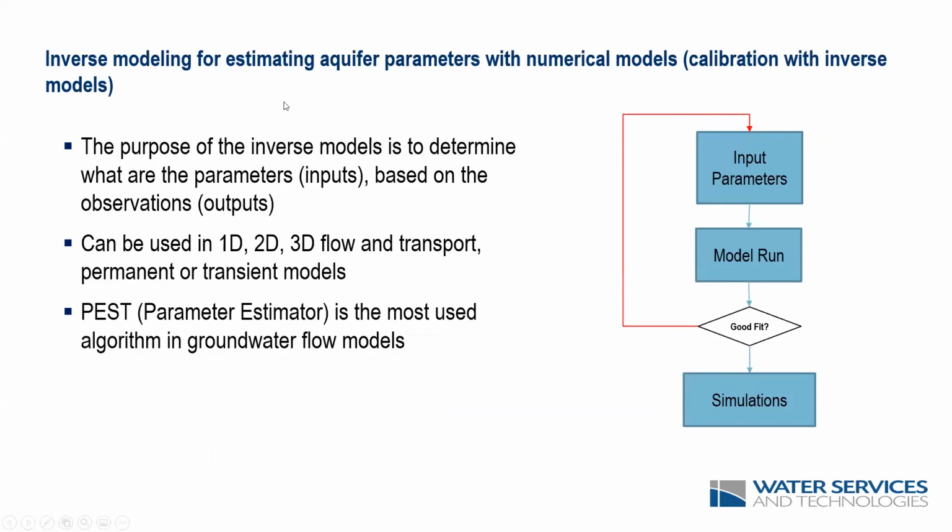And we did this by using an inverse modeling technique based on PEST. So in this case, we took the drawdown that had been generated in each aquifer from piezometers that were installed separately in each layer. And therefore, we could use the observed drawdown in the field to back calculate the aquifer parameters that would result in the best match between simulated drawdowns and observed drawdowns, i.e. inverse modeling.